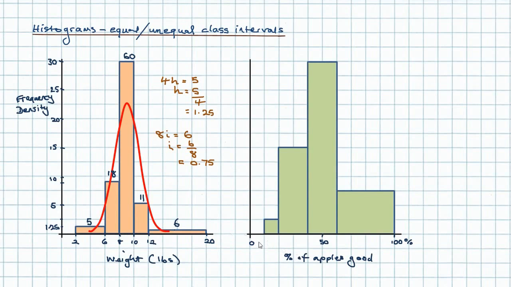Okay, so here we've got percentage of apples. On the y-axis, I'm now going to draw frequency density. So let's just call this FD. And very often you get fractions on a frequency density because you're multiplying by the number here. So we're going to use some very low values here.